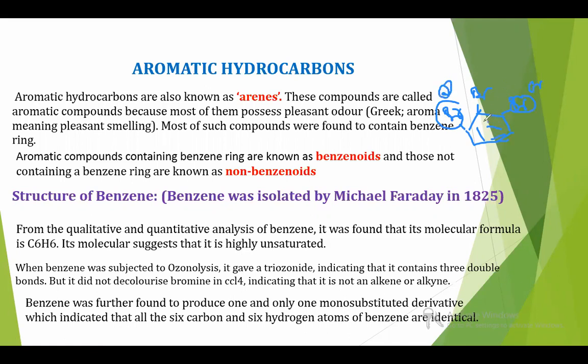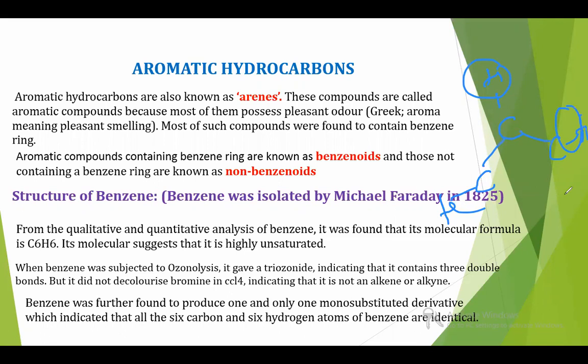So it indicates that whether it consists of double bonds or single bonds, in the ring of benzene all the hydrogens are identical with each other. All the hydrogens on the 6 carbons of the benzene ring are identical.